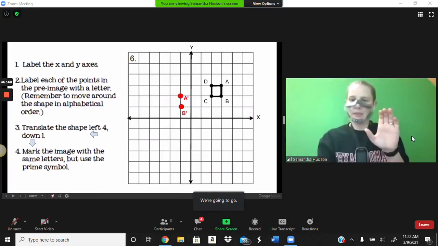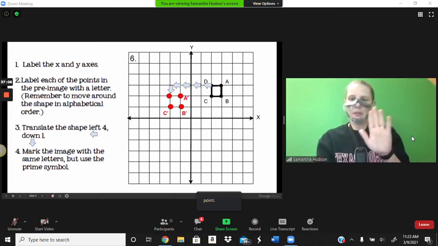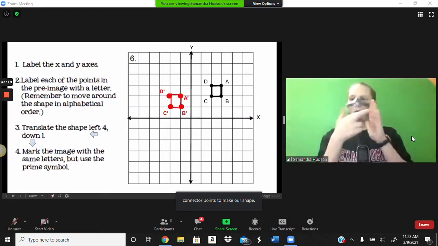We're going to go to C. Put our point, C prime. We're going to do D, left 4, down 1. Put our point, and then label D prime. We need to connect our points to make our shape. What rule did we follow?